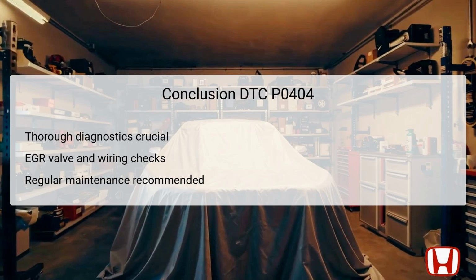Key steps involve testing the EGR valve, its position sensors, and associated wiring to ensure everything functions as designed. Regular maintenance, including cleaning the EGR system and monitoring system diagnostics, can prevent the emergence of such DTCs in the future. Addressing EGR system issues promptly is vital for maintaining vehicle efficiency and compliance with emission standards.